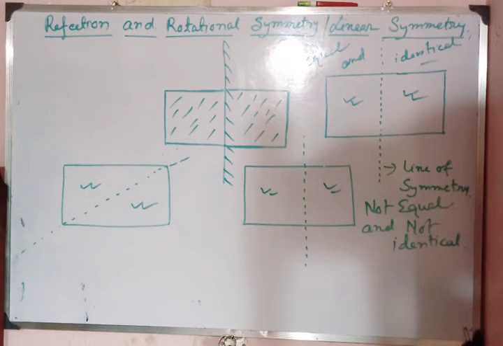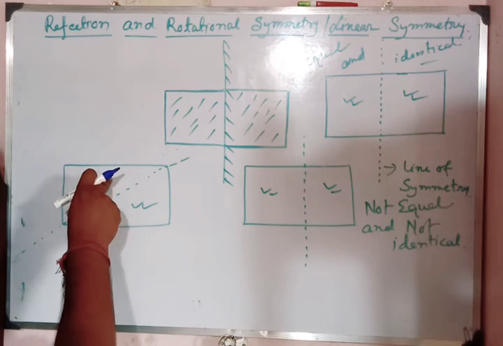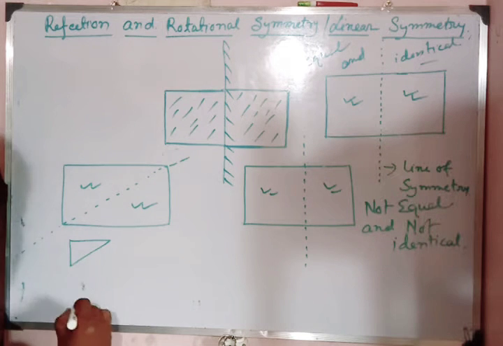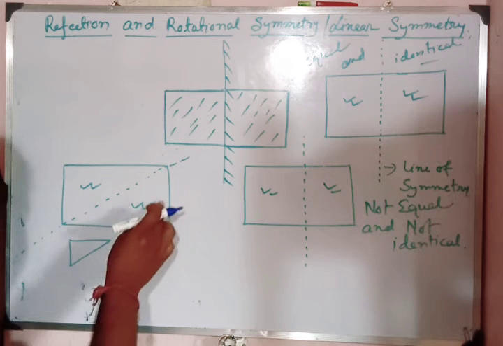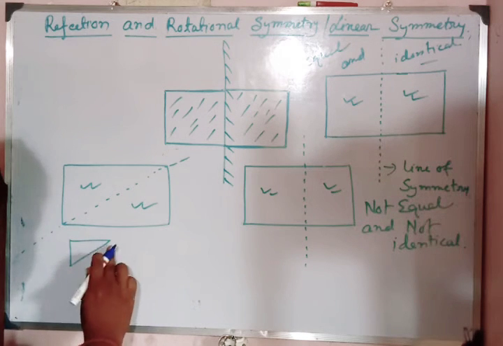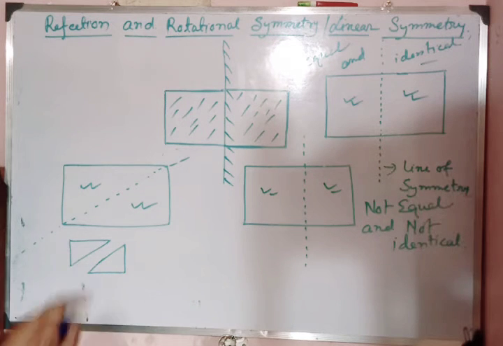If we take this particular triangle and this one, I am just writing them smaller, these two triangles can't be identical to each other.